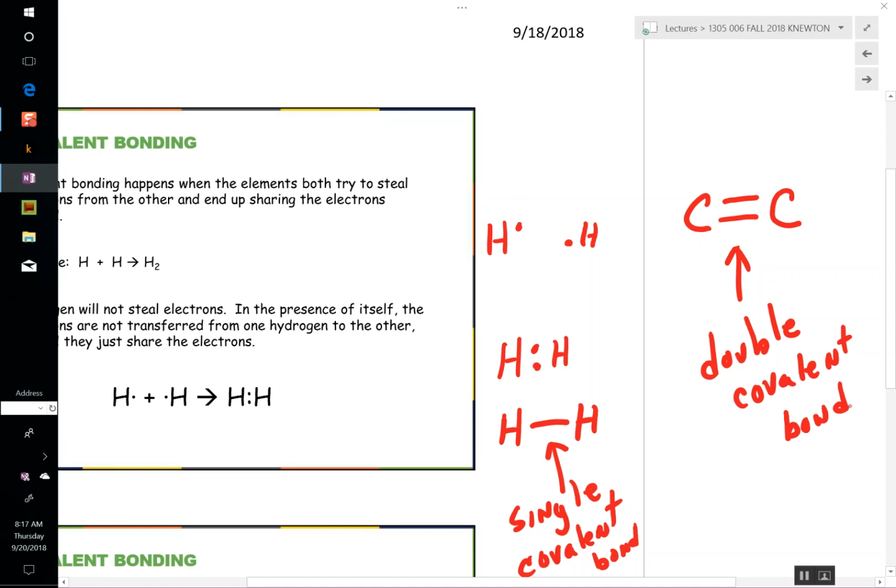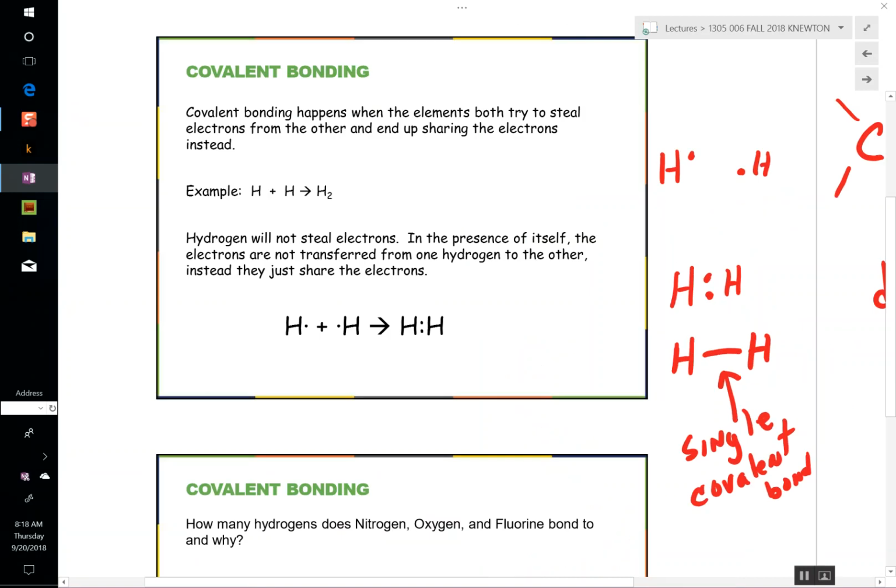It's 4 electrons being shared between those two atoms. And there's going to be something else on here, but for right now, just focusing on those two right there, that's a double covalent bond.